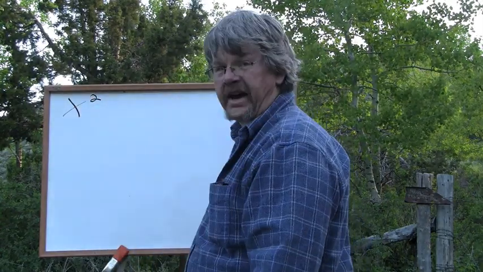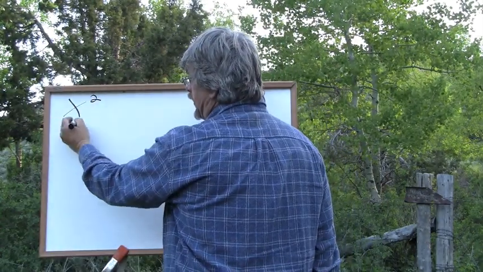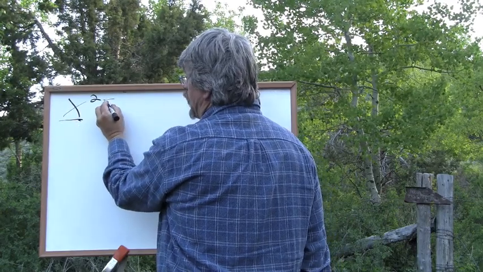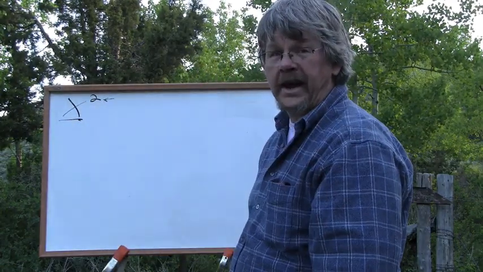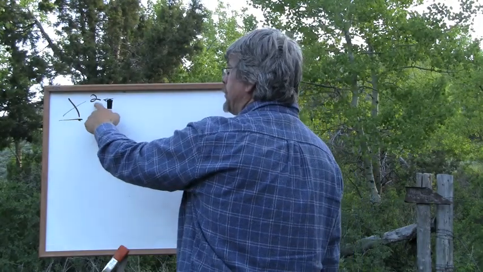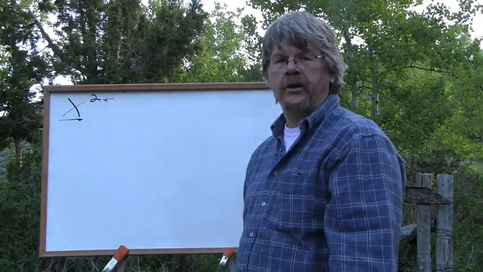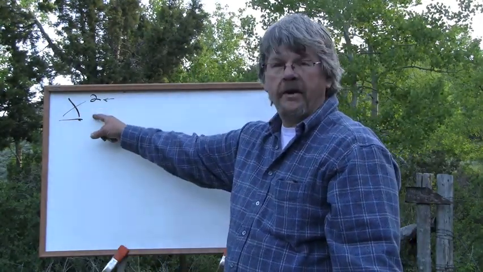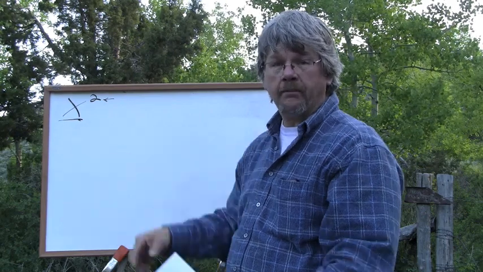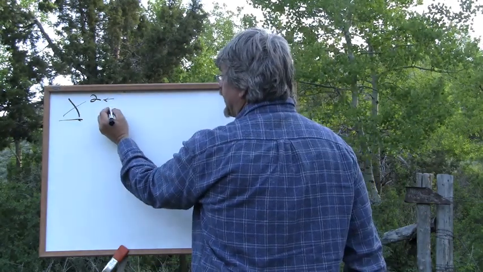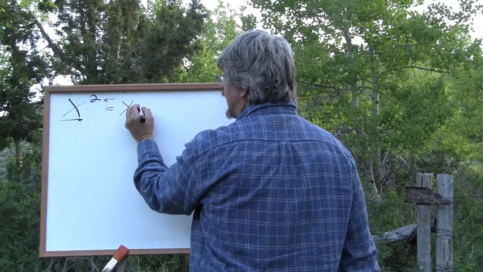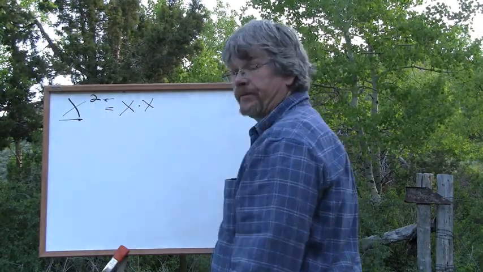You have the base, which is this part, and you have the exponent, which is this little number up to the right-hand corner. This number is simply telling you how many times you're going to multiply the main number, the base number. So x squared is simply telling you you're going to multiply x times x.